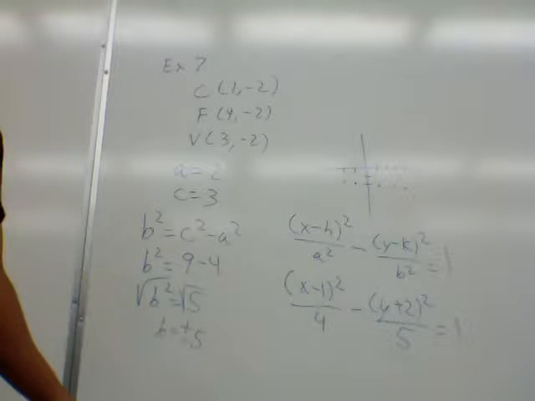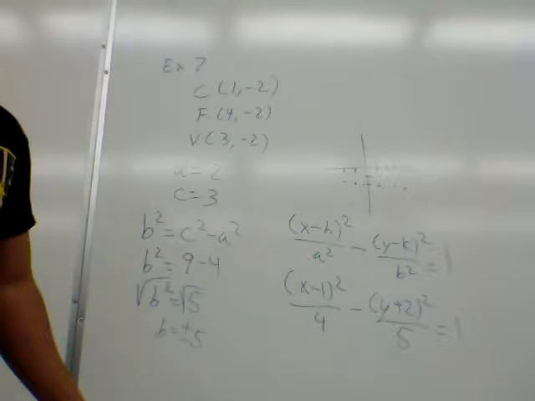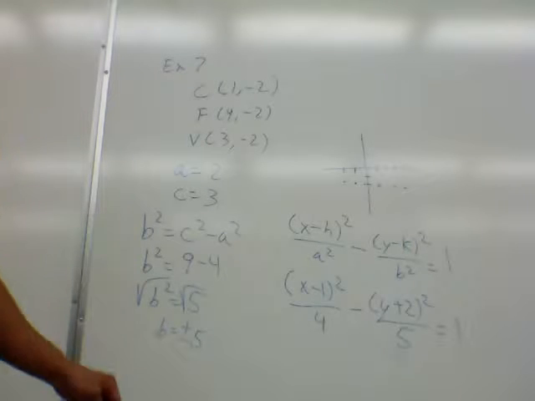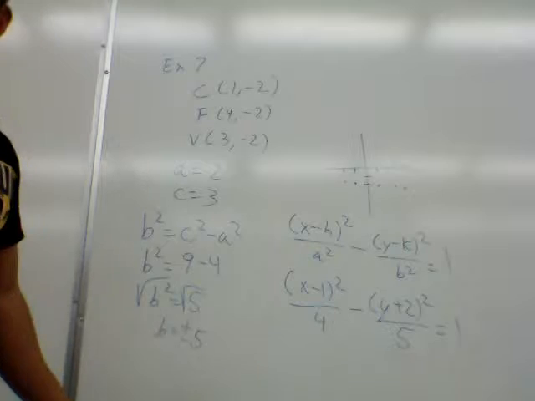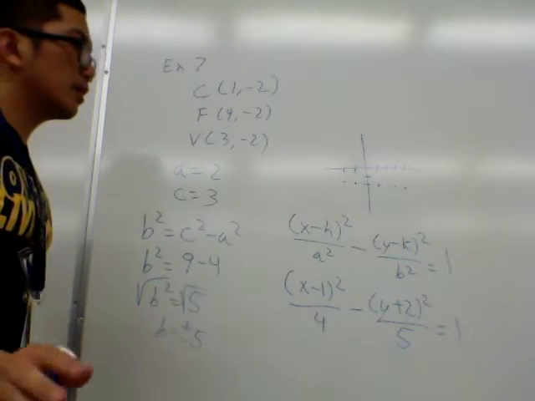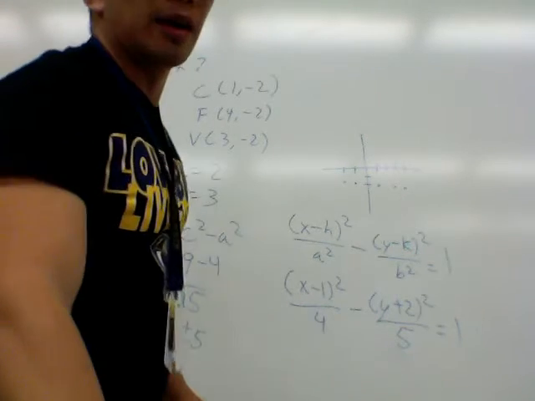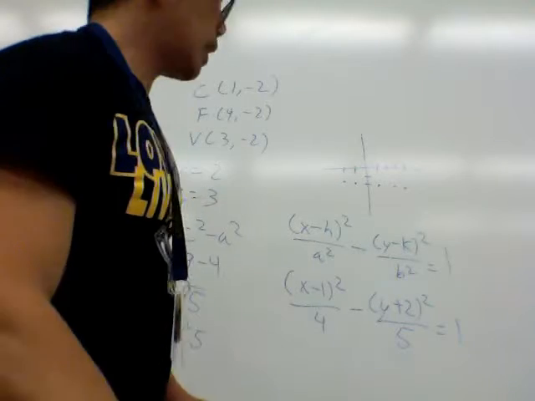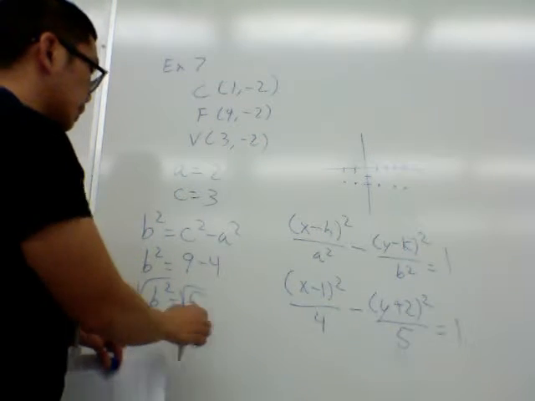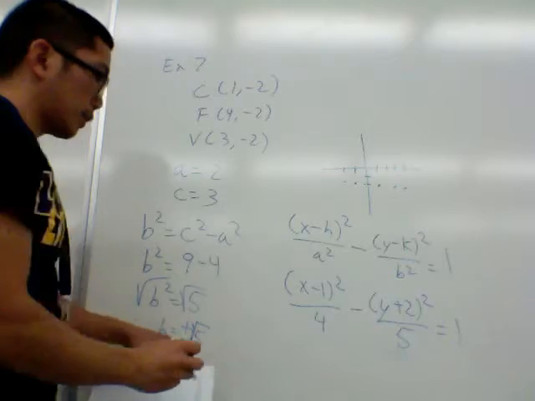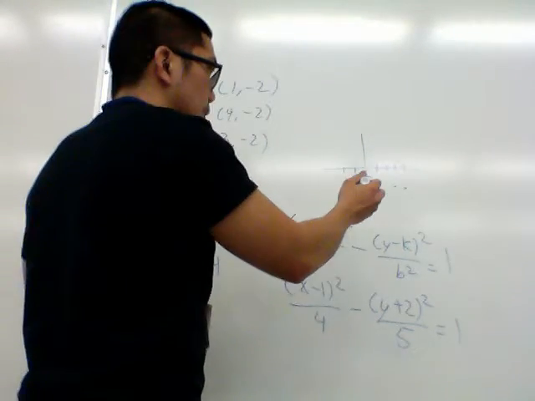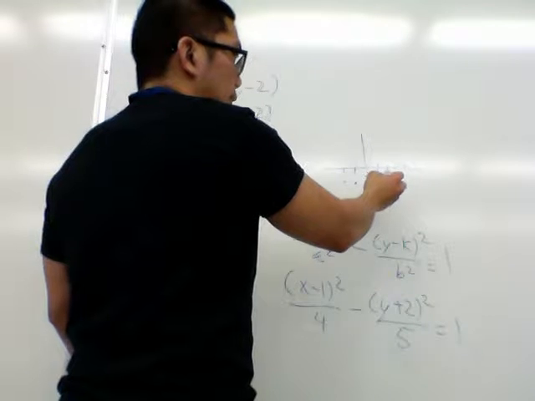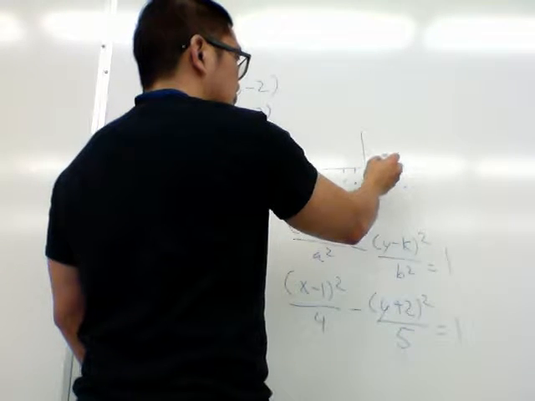Okay, so we have to be careful with the asymptote now. Sorry, my bad. Remember, b is plus or minus square root of 5, I forgot the square root here. Square root of 5 is around 2 point something.